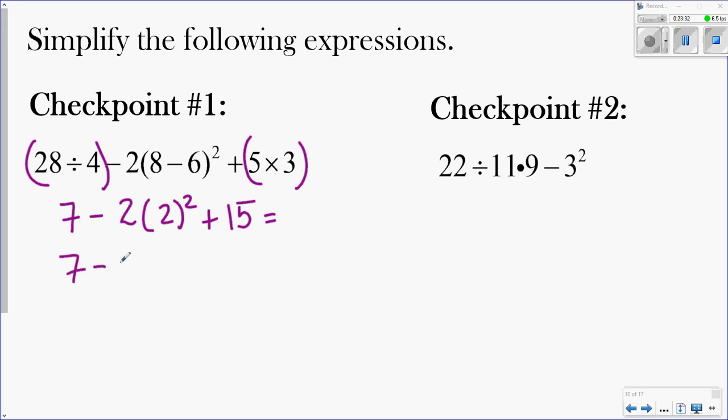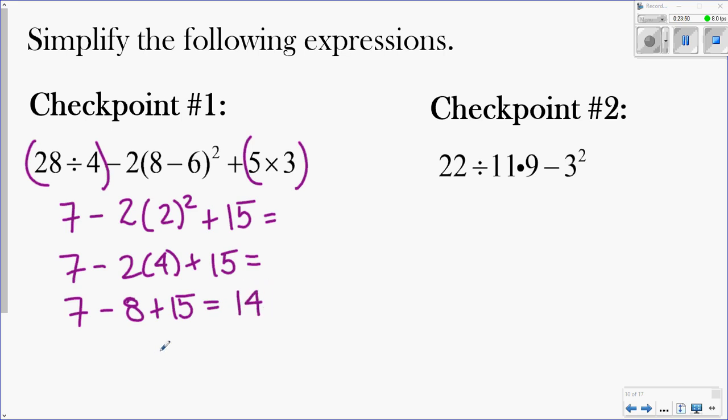So this one will be 4, 15, and 8. So then I go left to right. So then we got negative 1, and then we have 14 as our answer.